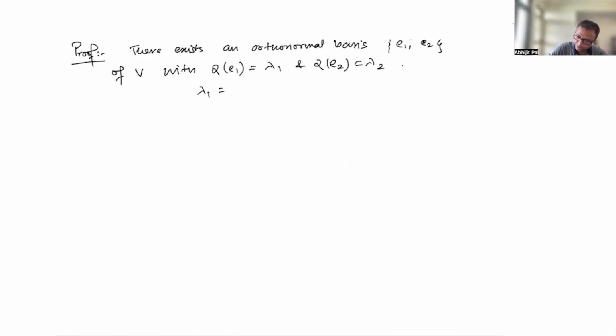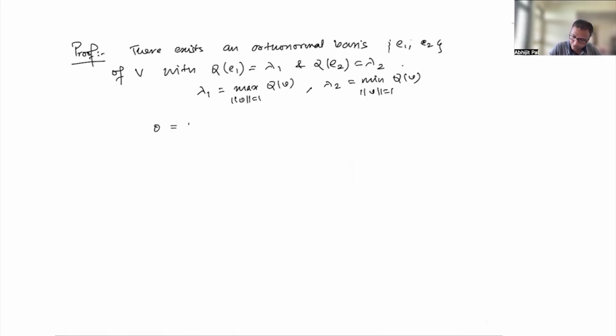So lambda 1 is the maximum of QB, norm of B equal to 1, and lambda 2 is the minimum of QB, norm of B equal to 1. So we know that B E1 comma E2 is equal to 0.